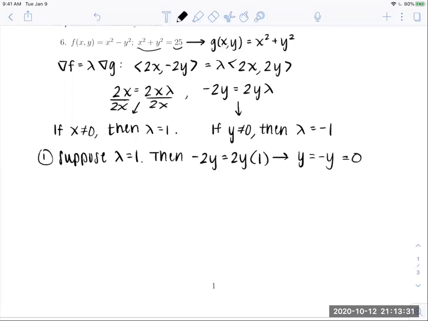So we have concluded that if lambda equals 1, y must equal 0. What does x have to equal then? We come back up to our constraint equation, which I just highlighted in orange, and we say if y is 0, then x squared plus 0 squared equals 25. And we conclude that x is plus or minus 5.